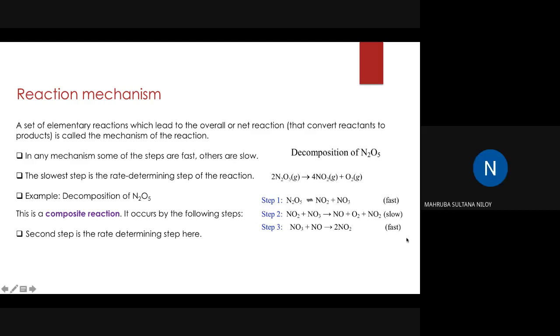Okay, so here you can see some of the steps are faster and one step is slower, right? This one. Yes, sir. So this step is the rate determining step. Okay. So why is this one the rate determining step?